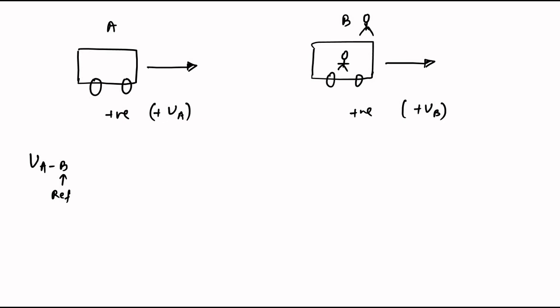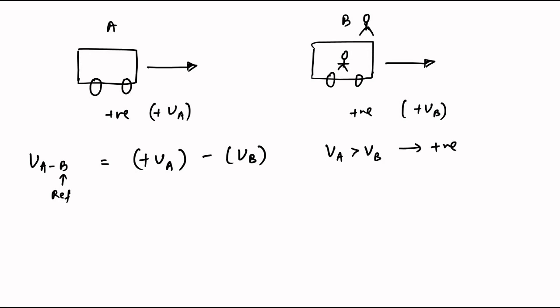To him or her it will appear as if vehicle A is either moving towards it or away from it. It depends on the values of VA and VB. If VA is greater than VB, it will be something different. If VA is lesser than VB, it will be different depending on the sign. So here it will be simply plus VA minus plus VB.